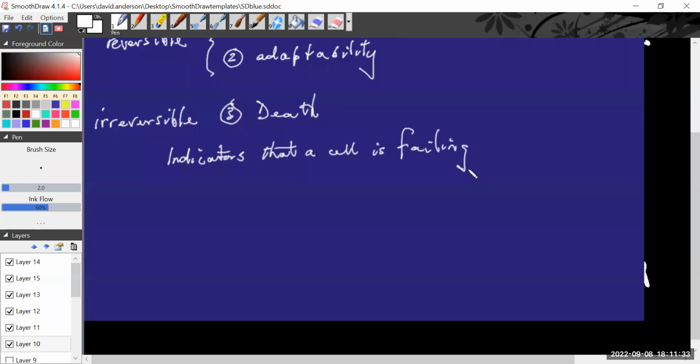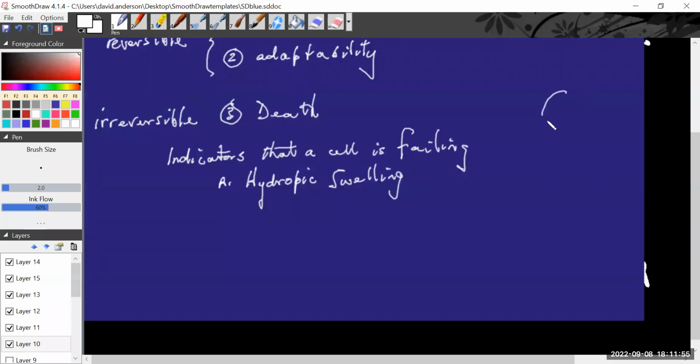Early indicators, before it becomes irreversible, that indicate a cell is not successful at dealing with a stressor. So the first thing to be aware of is that generally a cell is going to undergo something called hydropic swelling.